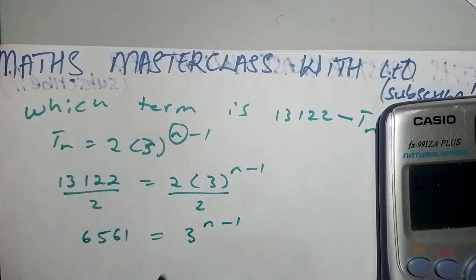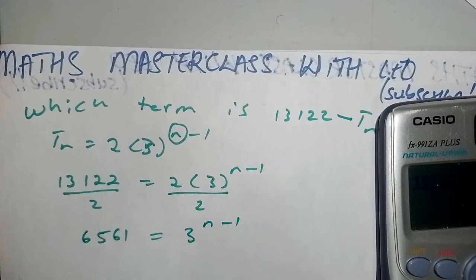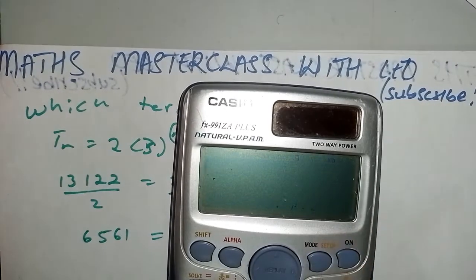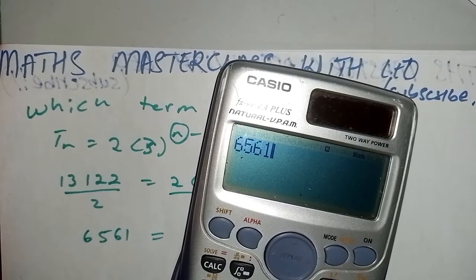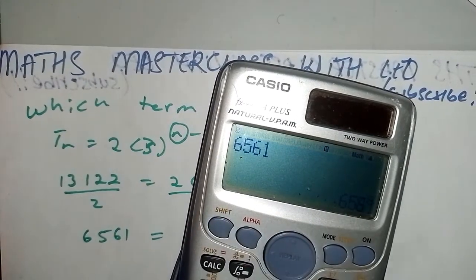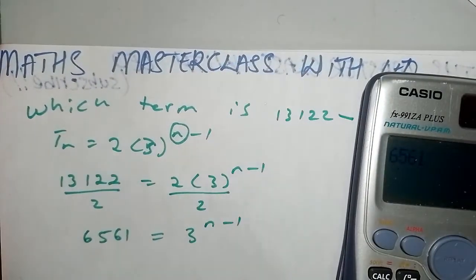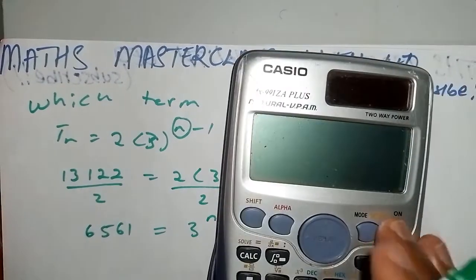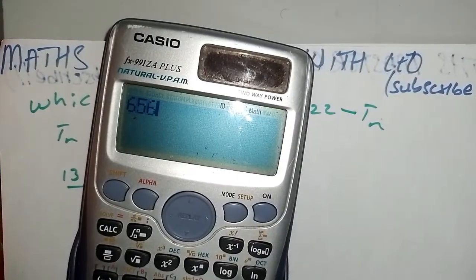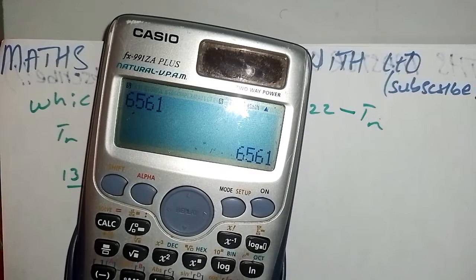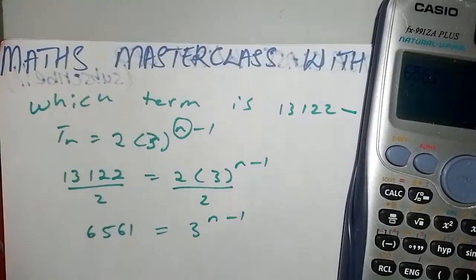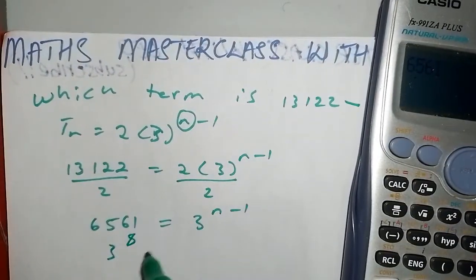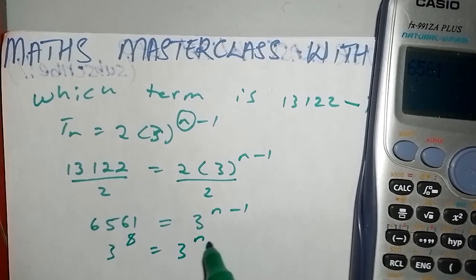If I'm here, what can I do? Let me see if I can just say 6561, shift factors. Oh, 3 to the power 8. I have 3 to the power 8 equals 3 to the power n minus 1.